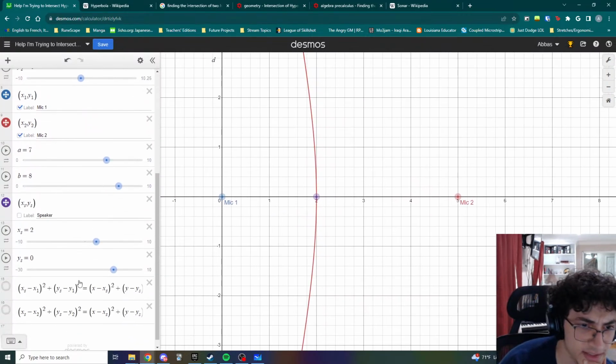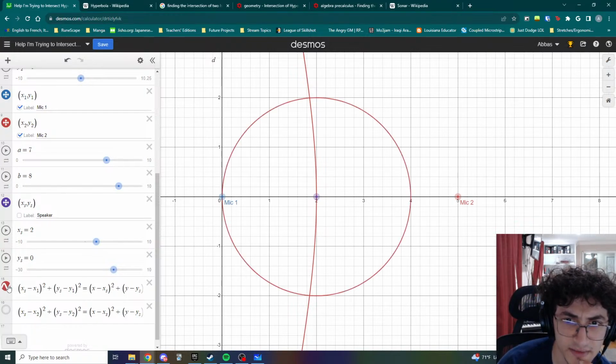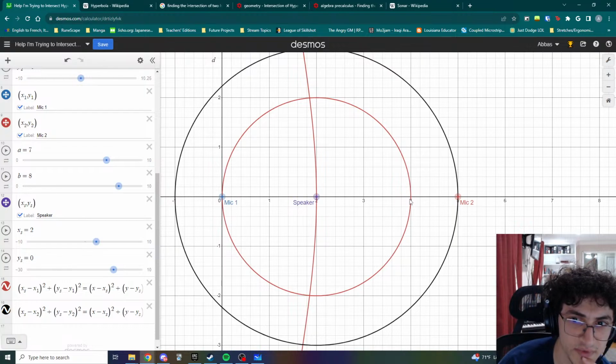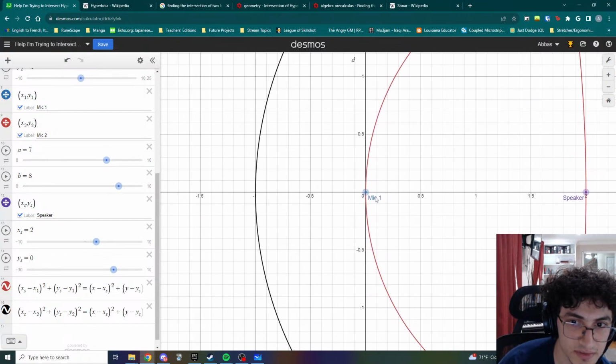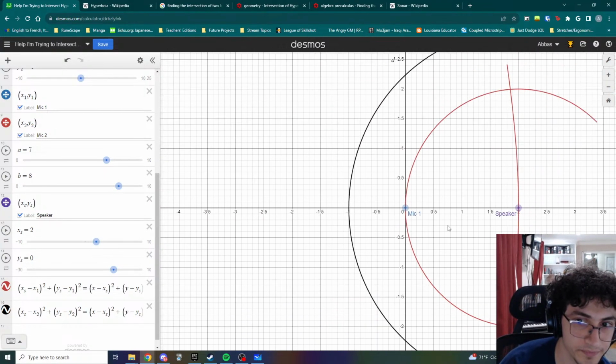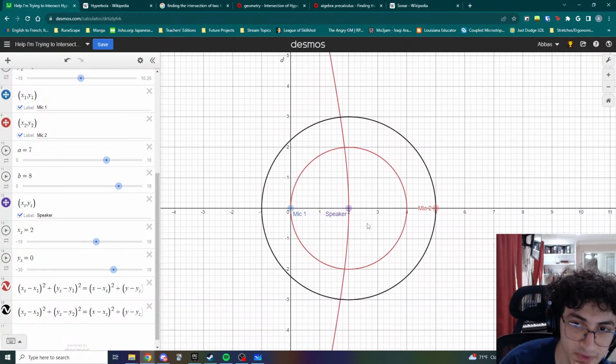And so, okay, let's take a look. Here, this is a circle showing all the distances between the speaker and the first microphone. This is a circle showing all the distances from the speaker and the second microphone. If I look at the difference of these circles, the difference here is only 1 block. So that's what I'm looking for.